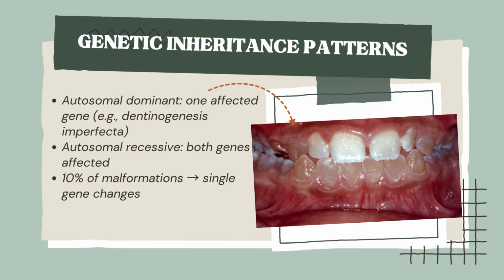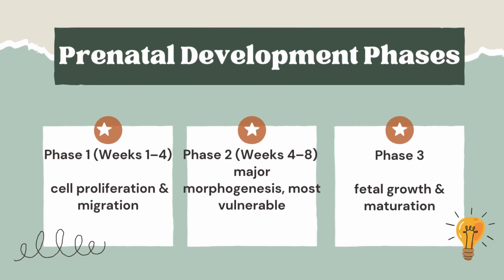Prenatal development is divided into 3 major phases. The first phase, lasting about 4 weeks, focuses mainly on rapid cell proliferation and migration. The second phase, which is week 4 to week 8, is the critical period of morphogenesis, when all the major organs and structures begin to take shape.